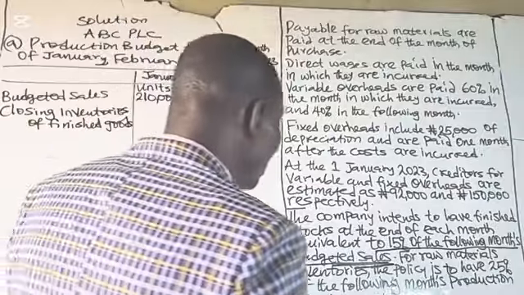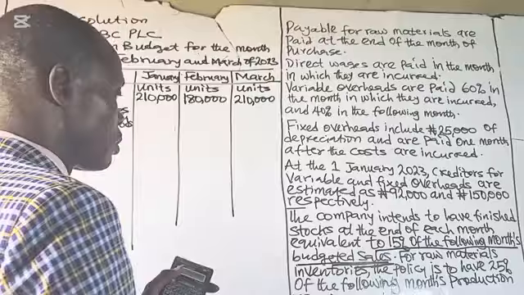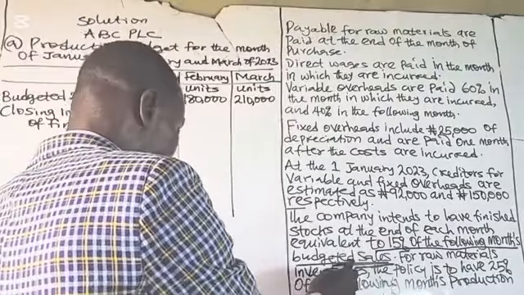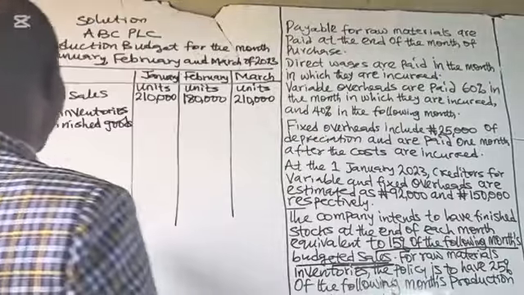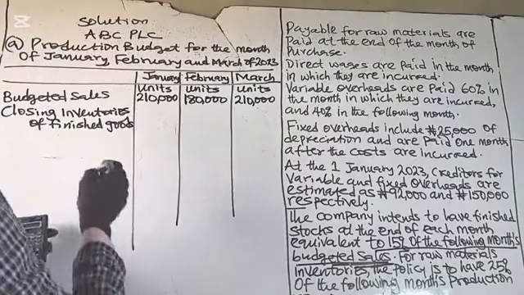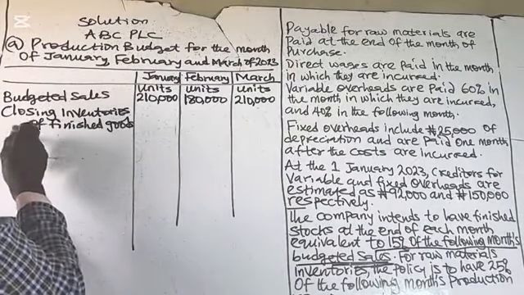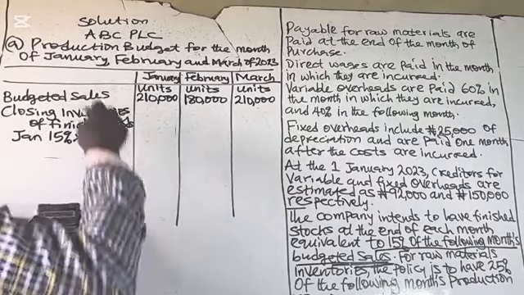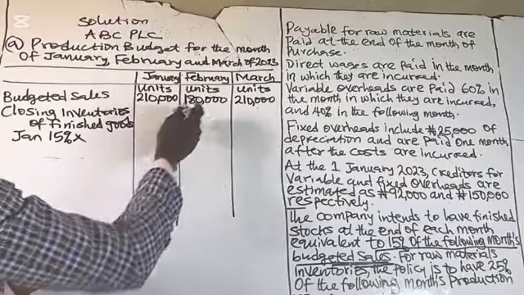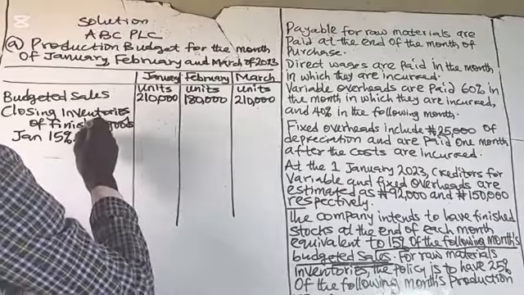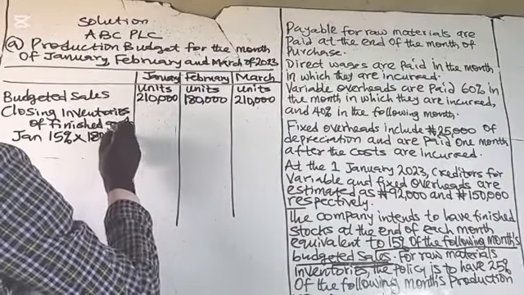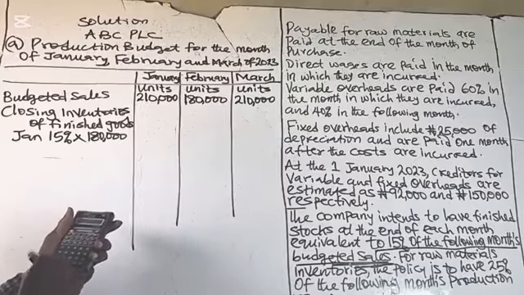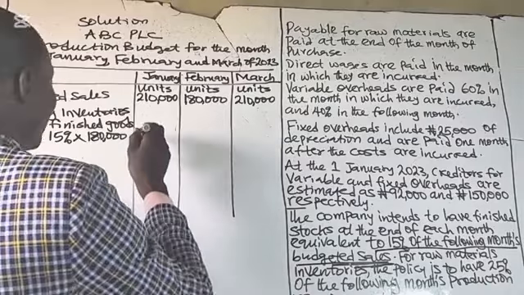So it means for the month of January, that will be 15% of February budgeted sales, and that amounted to 180,000 units. 15% of 180,000, that gives us 27,000.